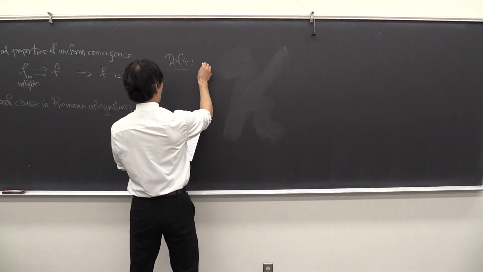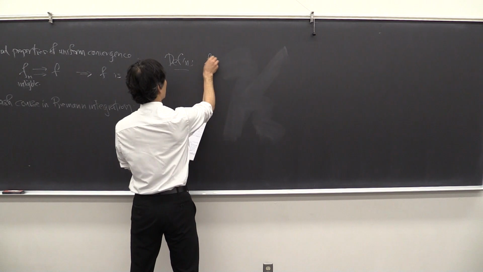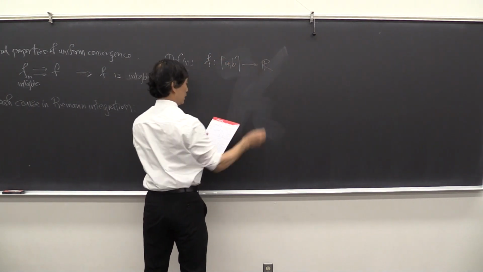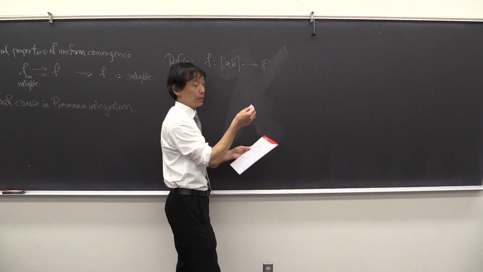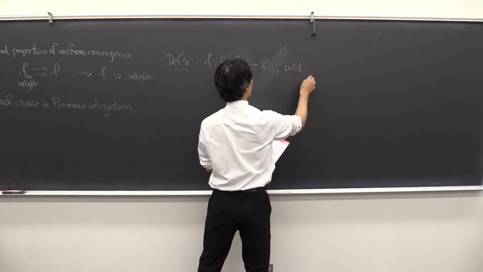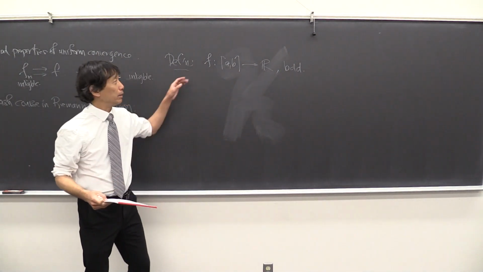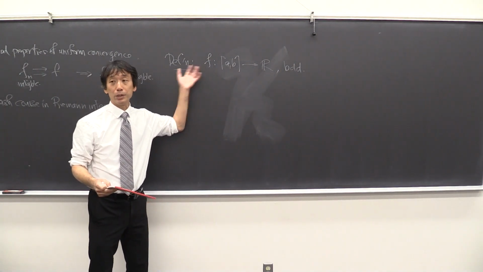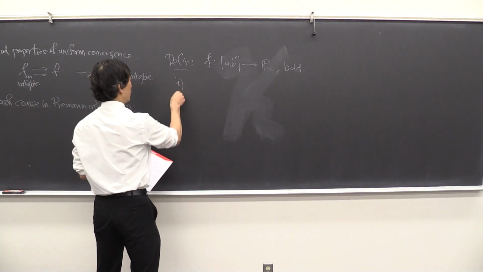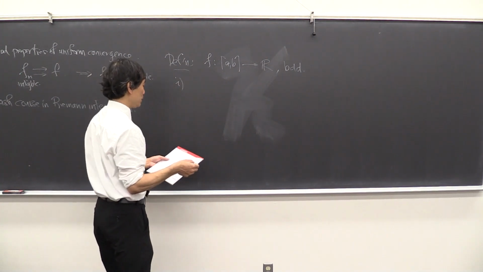You have a real valued function on a closed and bounded interval, and it's bounded. When we're talking about Riemann integrable functions, we're only talking about bounded functions. Okay. Then we introduce a couple of definitions.